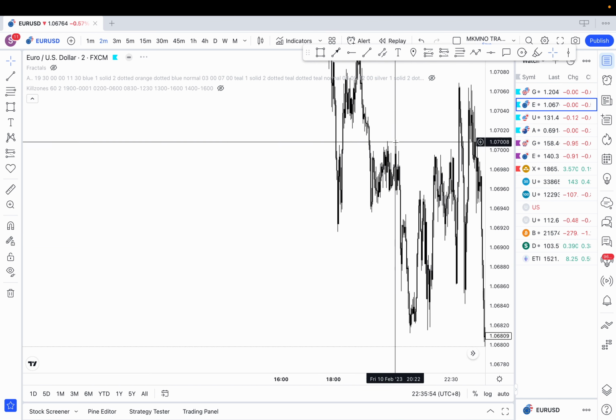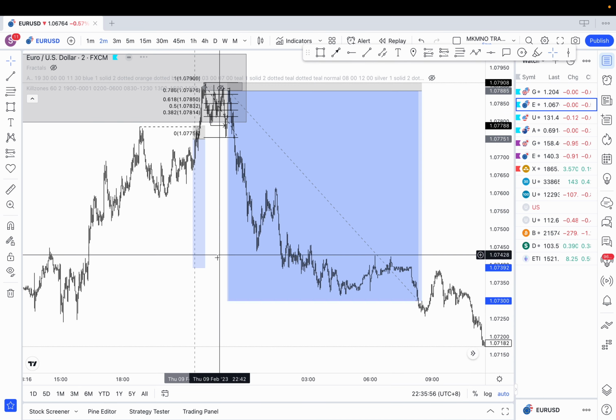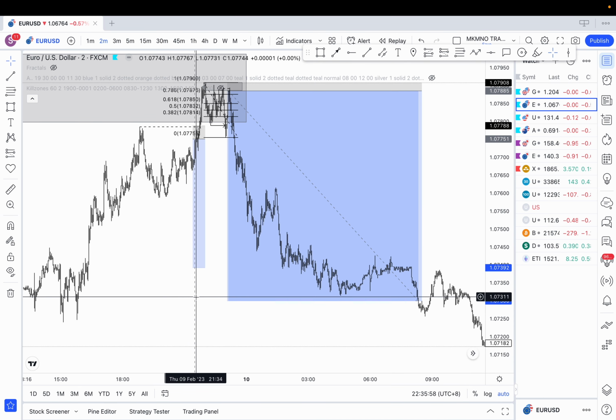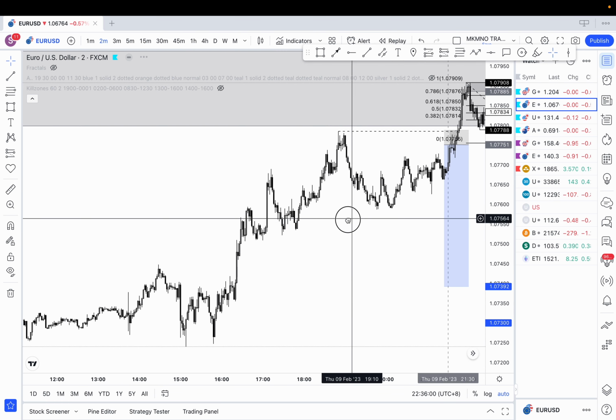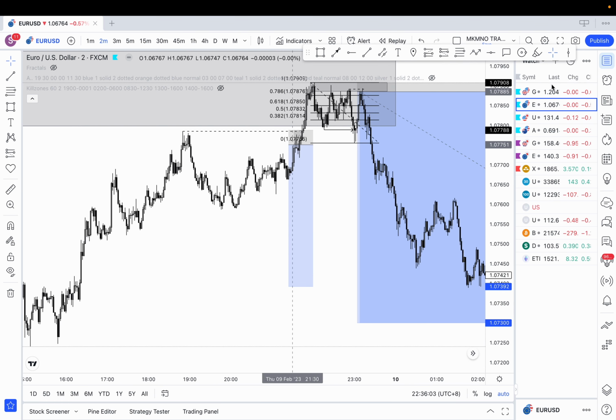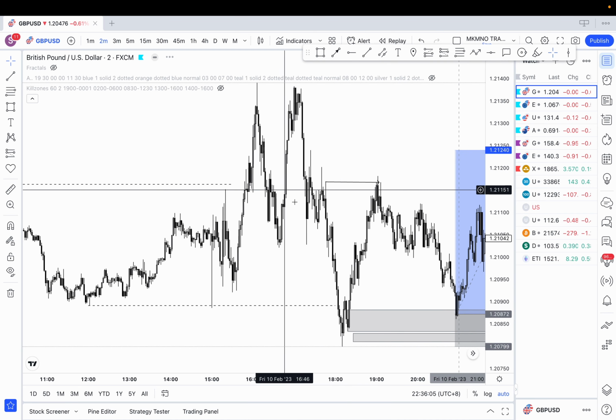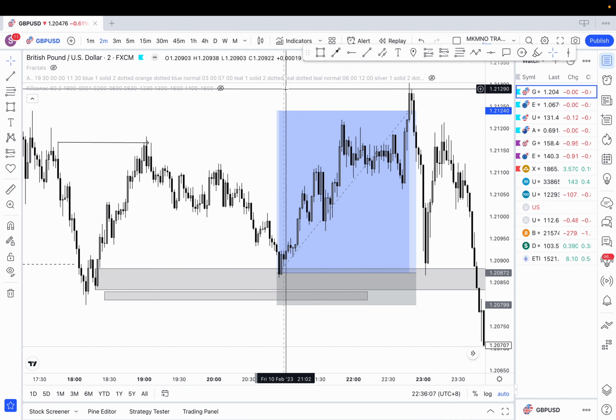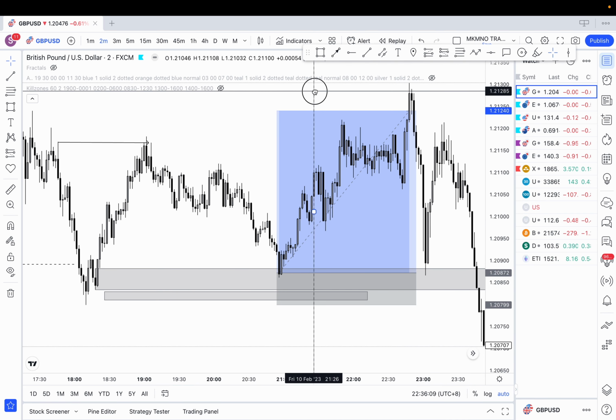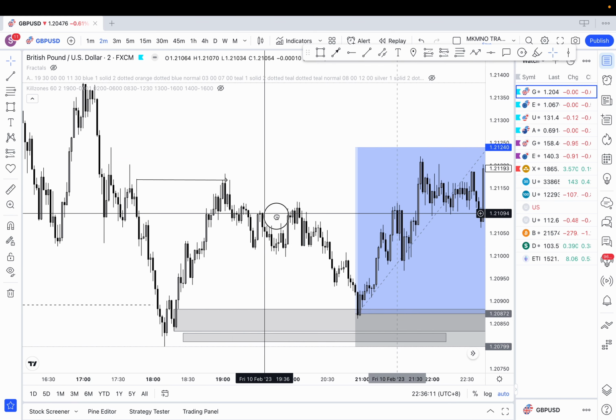For the EU trade, I think I got an entry after 21:30. So in this GU trade, I was supposed to enter after 8:30. That was one of my few rules.